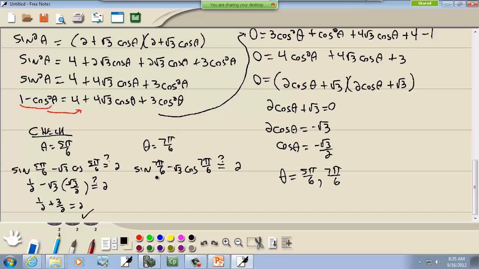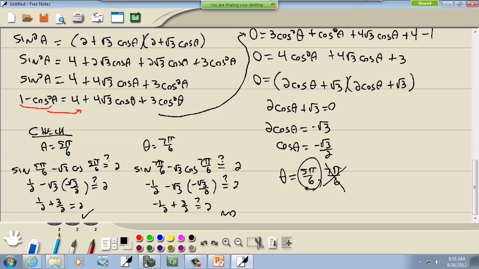Well, sine 7 pi over 6 is negative 1/2. Cosine of 7 pi over 6 is negative square root of 3 over 2. So that'd give us negative 1/2 plus 3/2. And that does not equal 2. That equals 2 over 2 or 1. So that one fails.